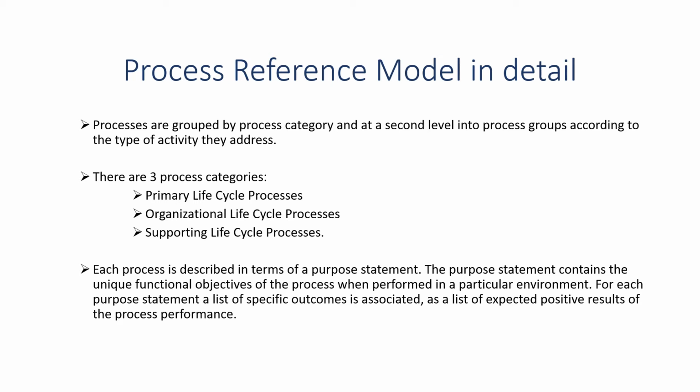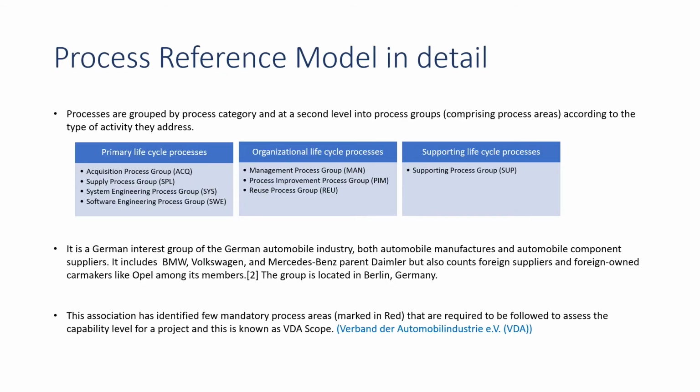The purpose statement contains the unique functional objectives of the process when performed in a particular environment. For each purpose statement, a list of specific outcomes is associated, as a list of expected positive results of the process performance.